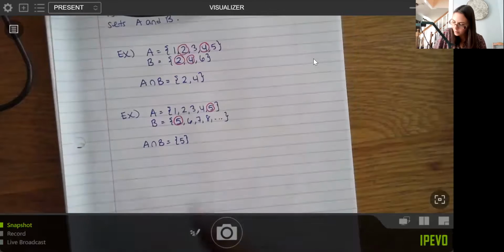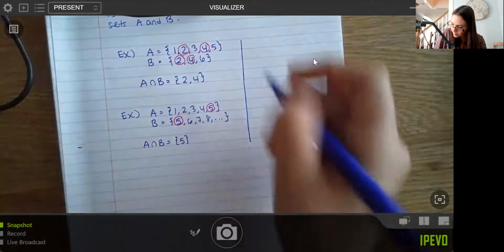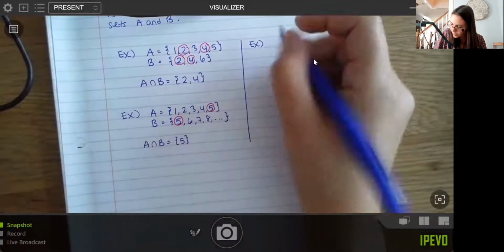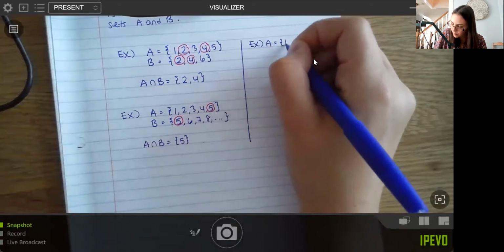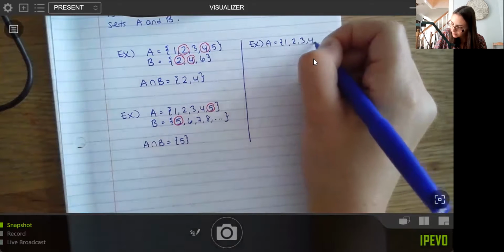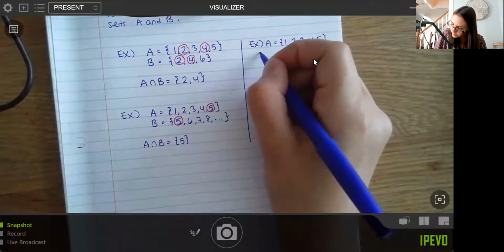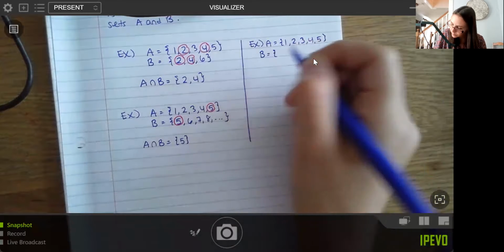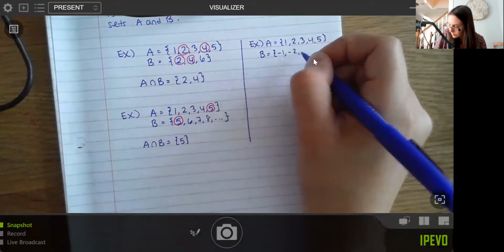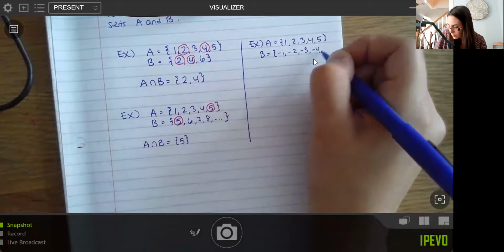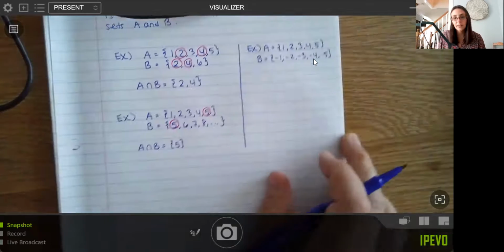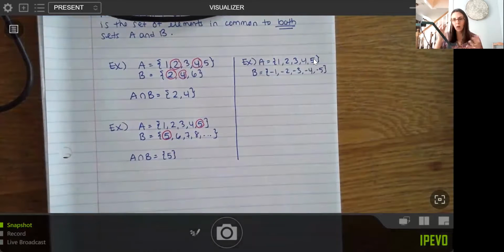Okay, let's do another one. I'm just going to keep set A the same, just to keep it consistent. So set A is the same and set B is all the negative numbers.